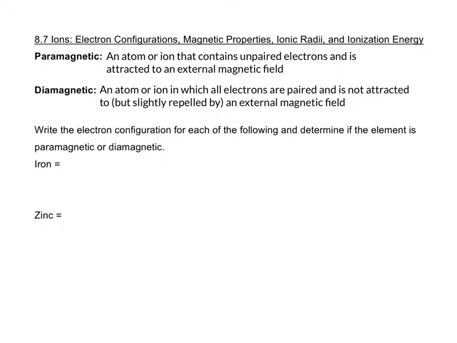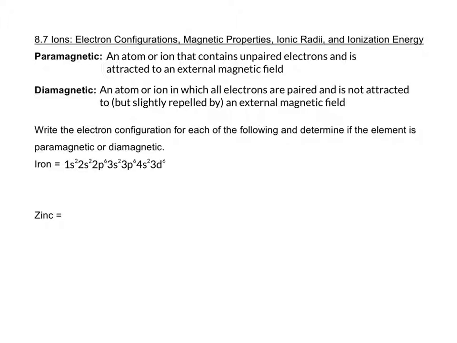Okay, so let's write two electron configurations and determine if they are paramagnetic or diamagnetic. So iron, the electron configuration for iron is 1s2, 2s2, 2p6, 3s2, 3p6, 4s2, 3d6.